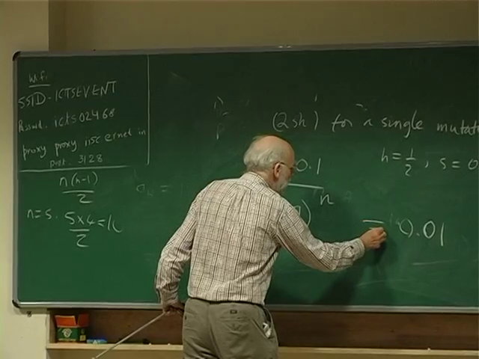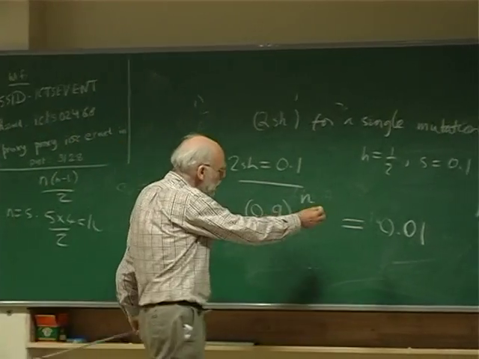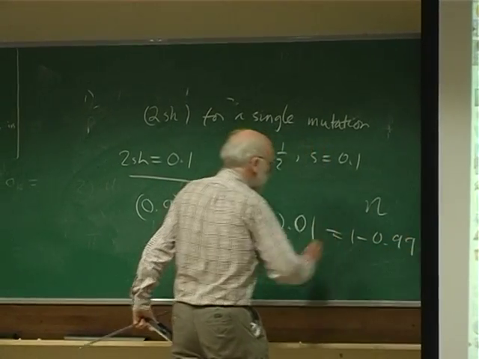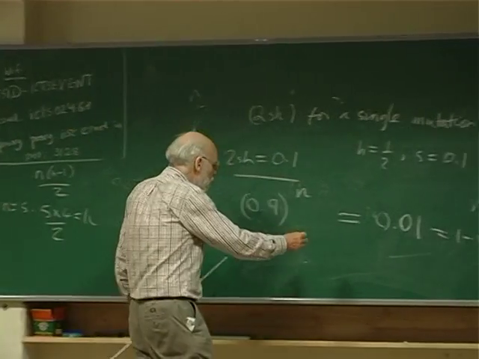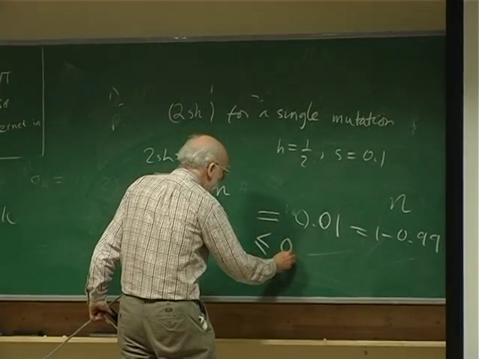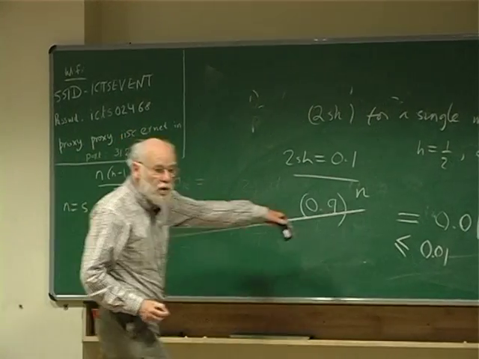So we want 0.9 to the power n to be equal to 0.01, that's 1 minus 0.99. In fact, what we want is less than or equal to 0.01, but we can solve for the value of n by setting it equal to 0.01.